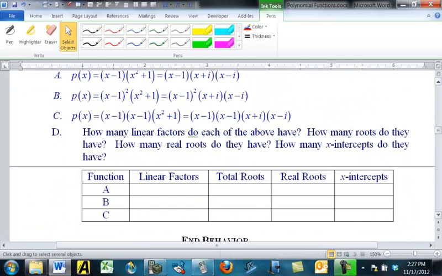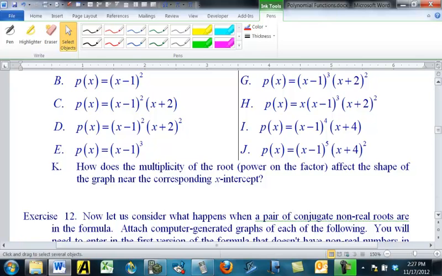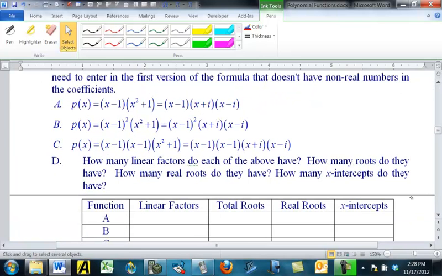Now, we have some other possibilities. If you have a polynomial here, and you factor it all the way out, but it has some i's in it, then if it's going to have real coefficients to start with, these have to be conjugates of each other.